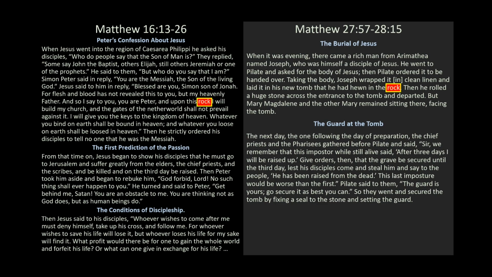Give orders then that the grave be secured until the third day, lest the disciples come and steal him away and say to the people, 'He's been raised from the dead.' This last imposture would be worse than the first." Pilate said to them, "The guard is yours. Go, secure it as best you can." So they went and secured the tomb by fixing a seal to the stone and setting the guard.